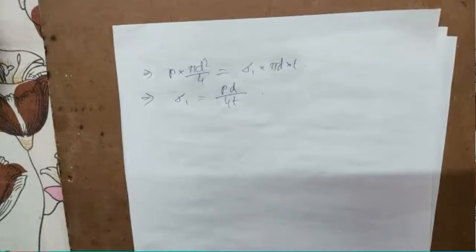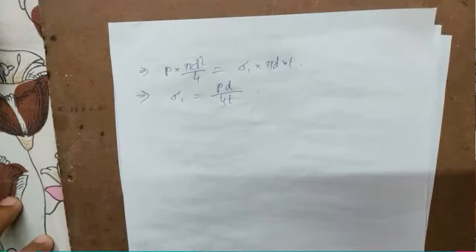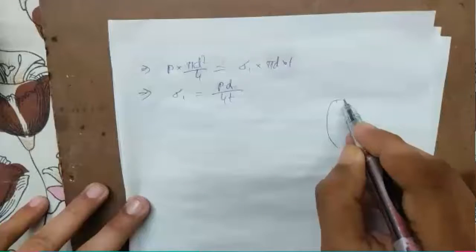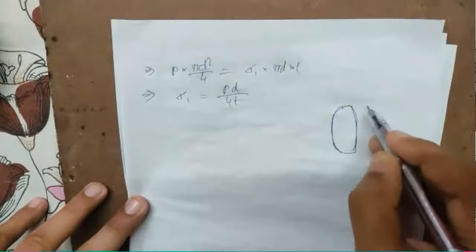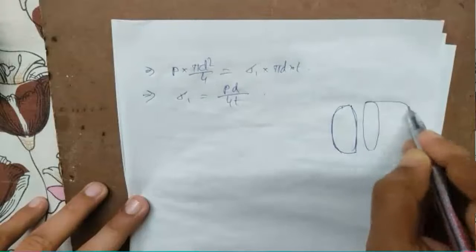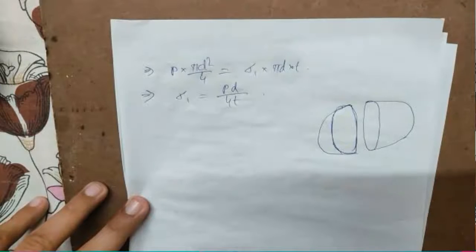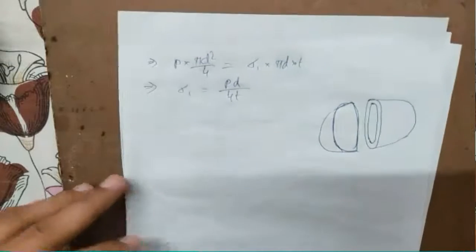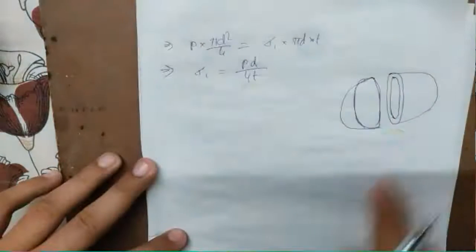Now if you want to find out the stress if the failure occurs at right angle to it, this is the case. Initially failure occurred like this, horizontally say, and this is now right angle to it.